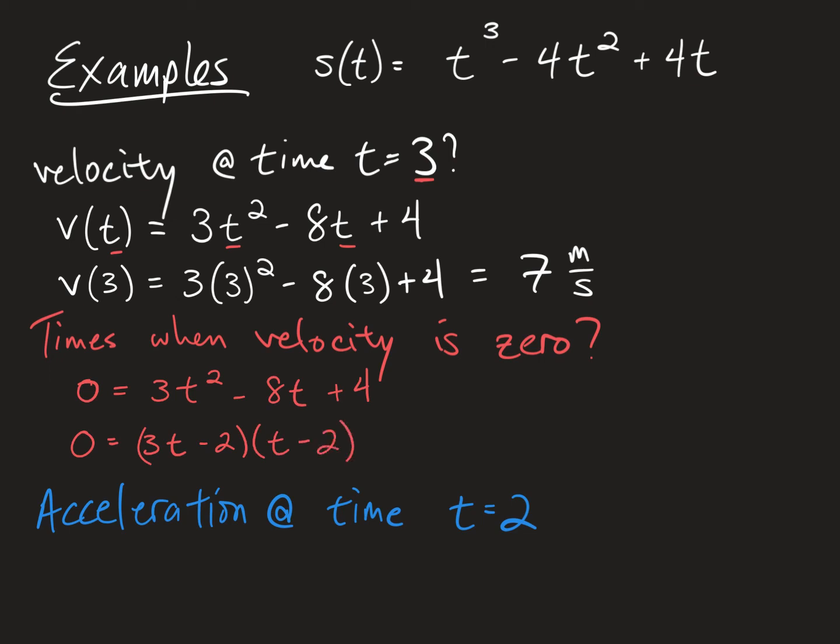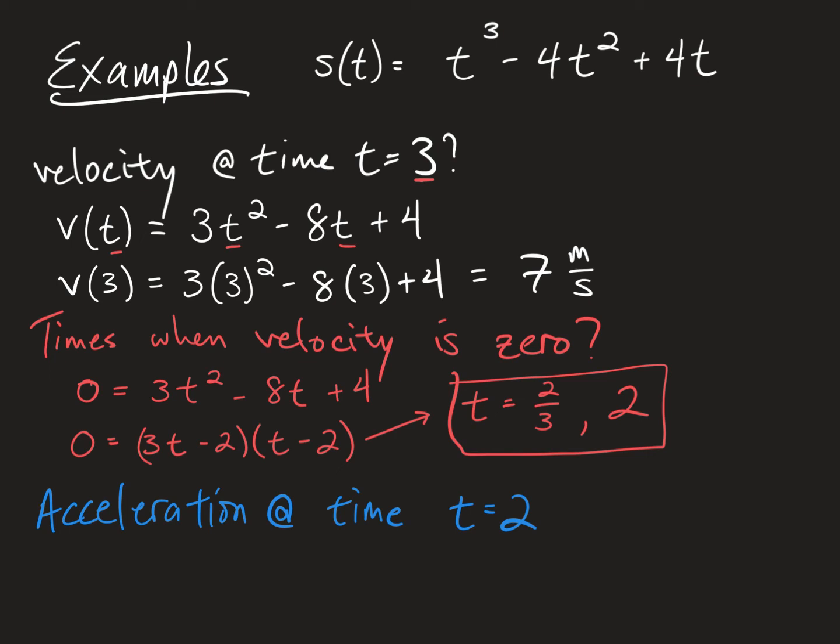If you set each factor equal to 0 and solve for t, you'll get t equals 2/3, and t will also equal 2. So at these 2 times, we will have a velocity of 0.